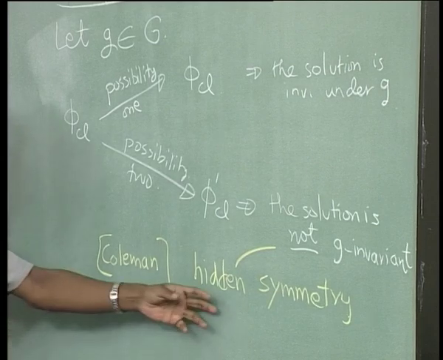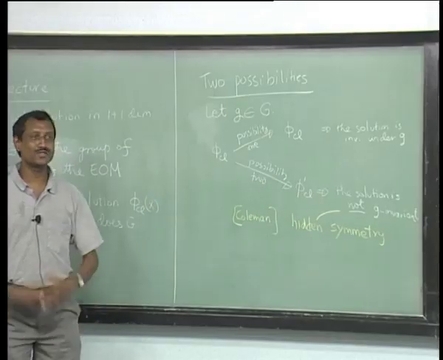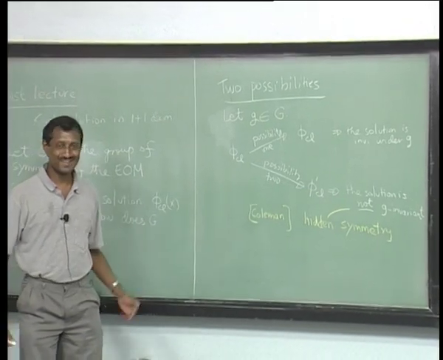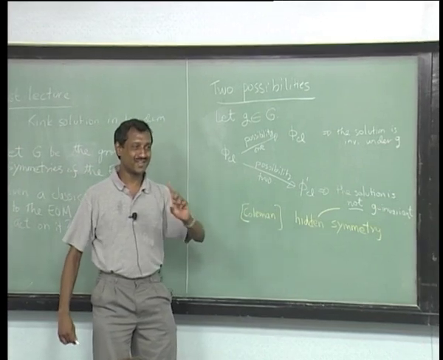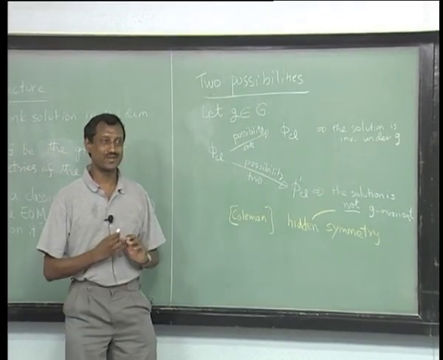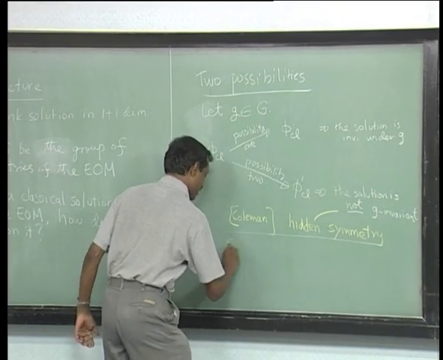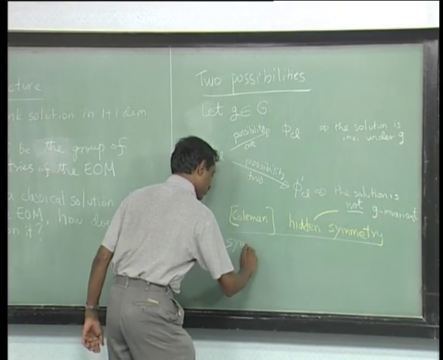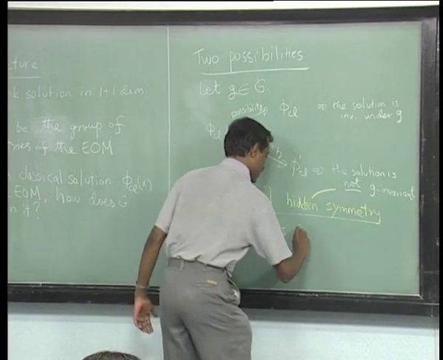Okay. So, he wanted to call it hidden symmetry, but sadly he lost out to the rest of the world. Out of respect to him we should remember that it is actually a hidden symmetry, because physically that is what is happening, but the rest of the world says that the symmetry is broken, or to be more precise, the symmetry is spontaneously broken.